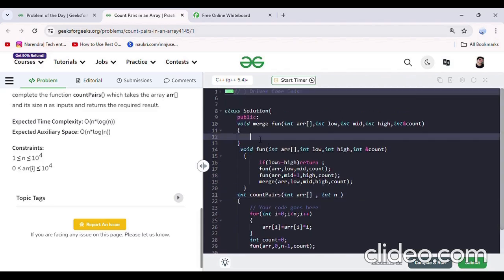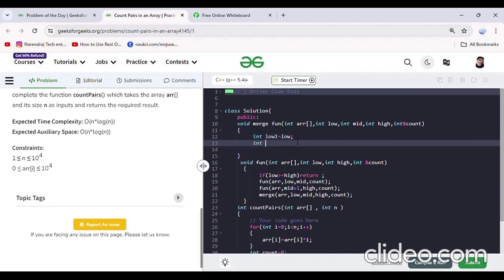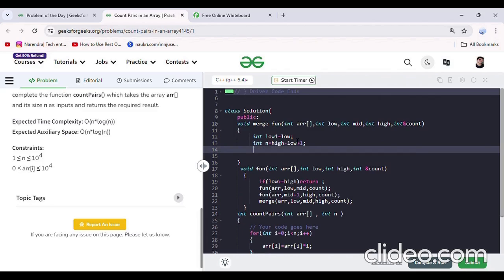Now what I am doing is storing the first low value, let's suppose, because it will help us later. I will explain that also. Now I am declaring one temporary array. Here int n is equal to high minus low plus 1, and I am declaring one temporary array.